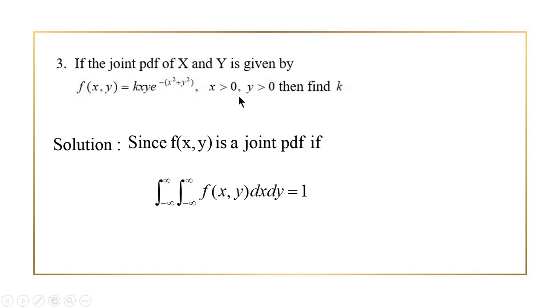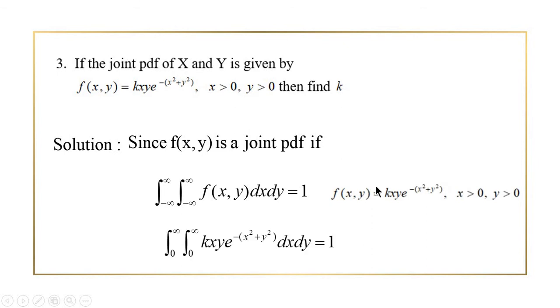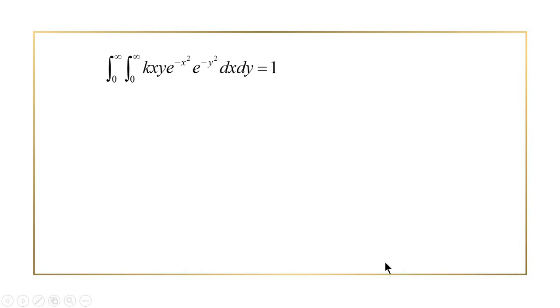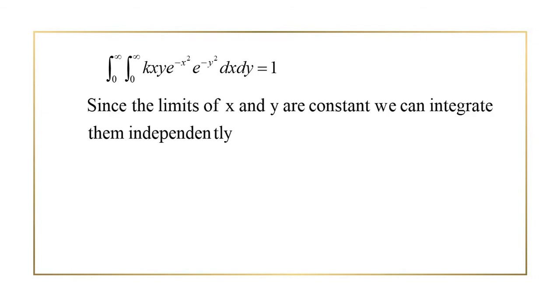Since x is greater than 0 and y is greater than 0, we have to integrate from 0 to infinity. Also, the limits of x and y both are constants. That means we can integrate the function separately, both with respect to x and with respect to y. This is possible only when you can separate the function in terms of x and y.